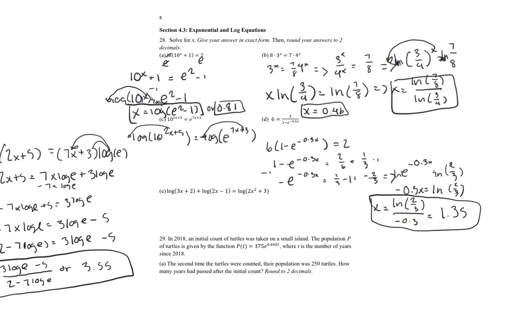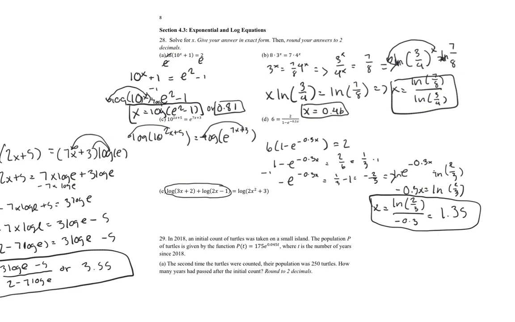All right, so for part E, we have log of 3x plus 2 plus log of 2x minus 1 is equal to log of 2x squared plus 3. It looks like the first log rule that we can apply is that we have these two logs on the left side that are being added. So remember, we can multiply their insides.